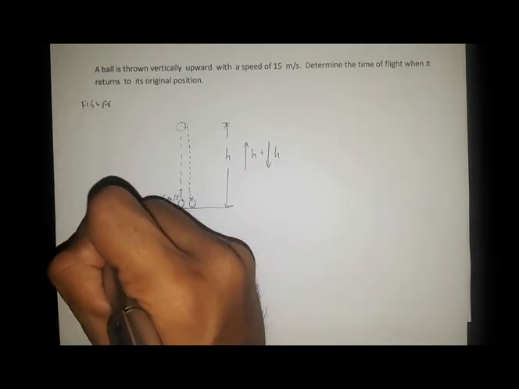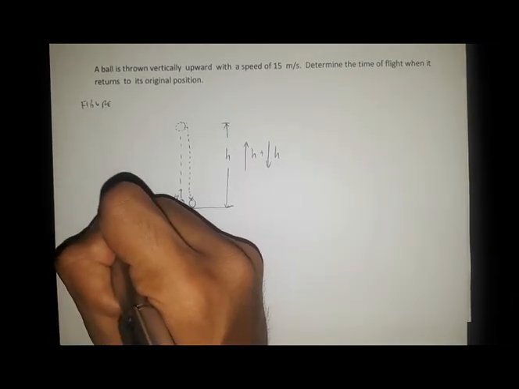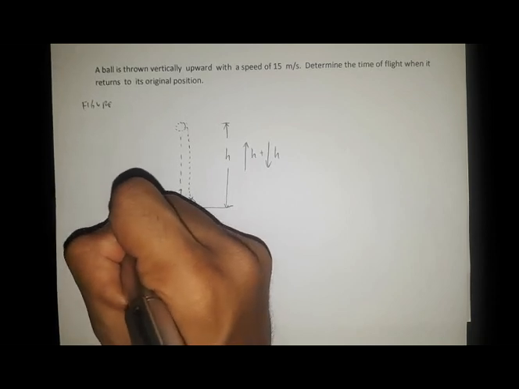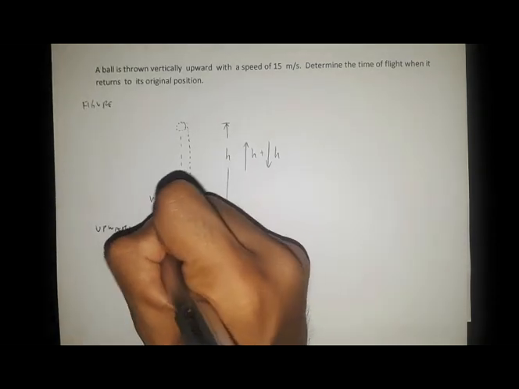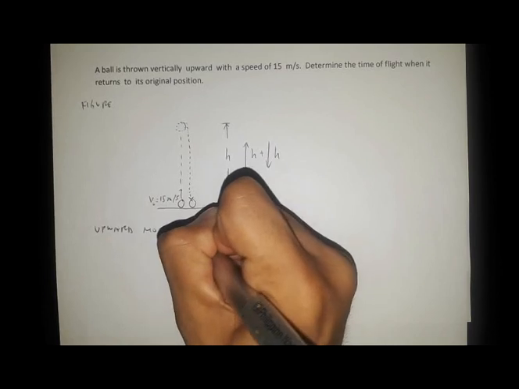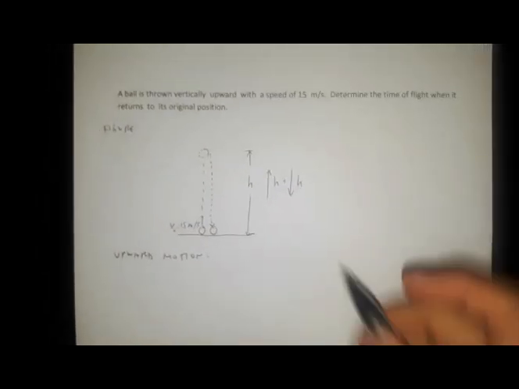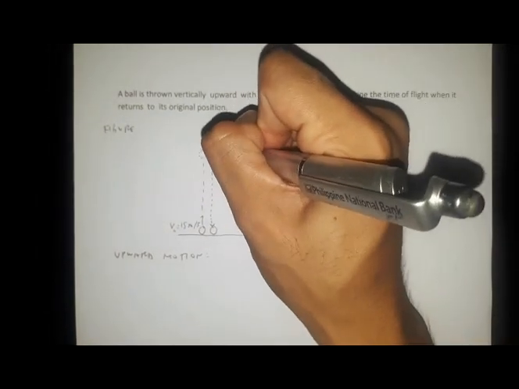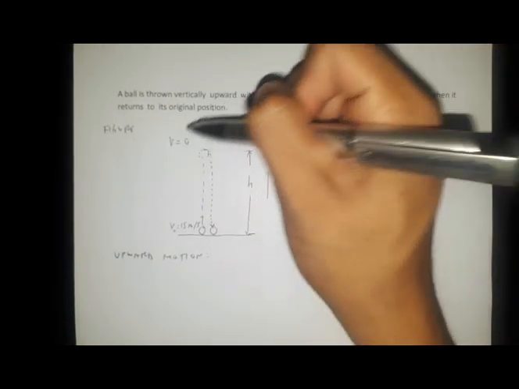First, let's solve for the time for the upward motion. Here, your velocity at its highest position is equal to 0.